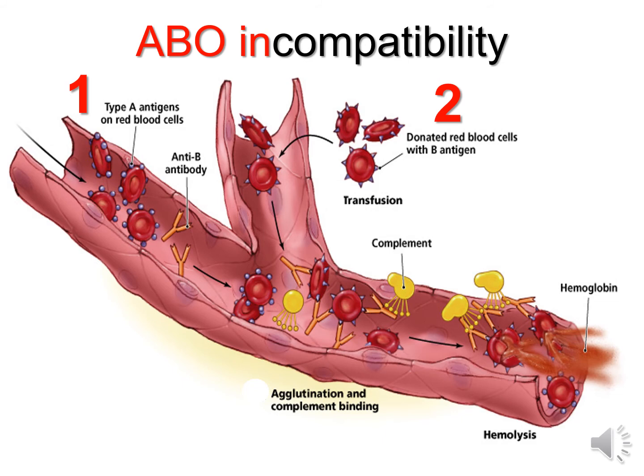The type B antigens shouldn't be there. So the anti-B antibodies will mount an immune response against the B antigens. They're a foreign protein. The anti-B antibodies attack the B antigens, which causes clumping, agglutination, complement activation, thrombosis formation, and acute reaction.